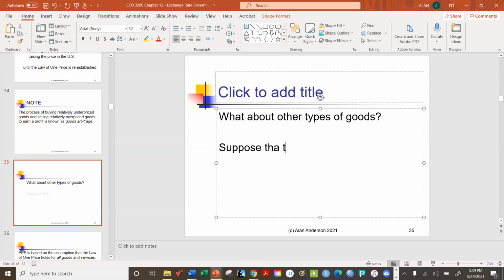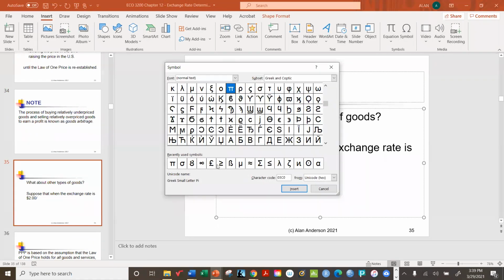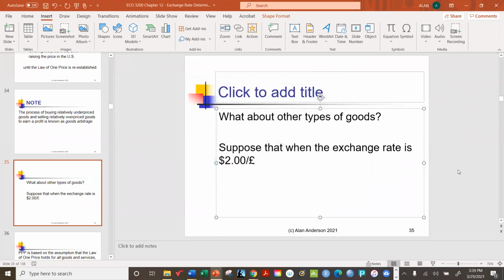Suppose that when the exchange rate is, let's keep it simple, $2 a pound, the price of a Big Mac is $4 in the US and let's say 1.50 pounds in the United Kingdom.